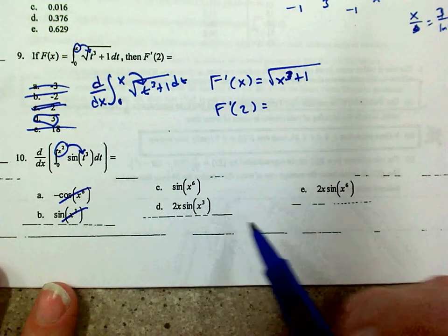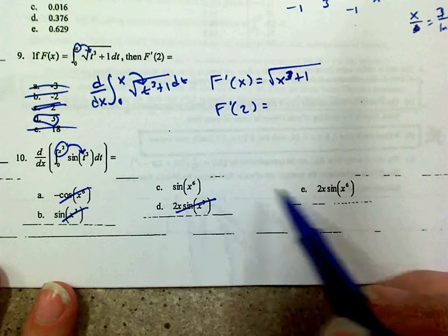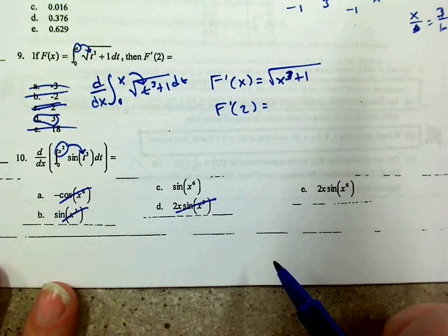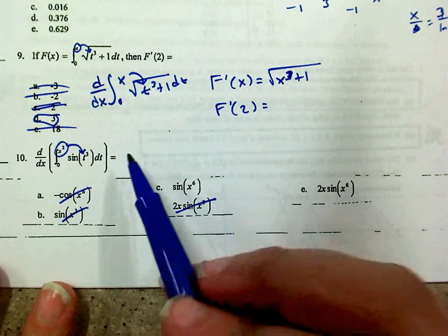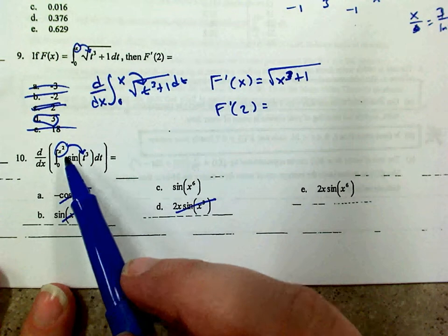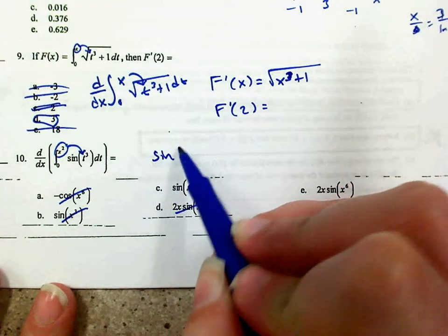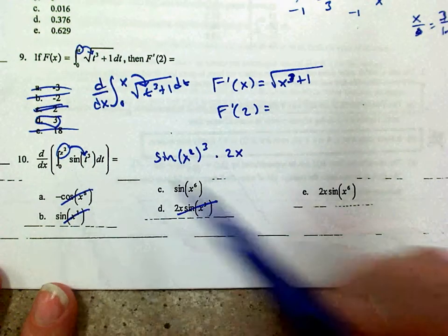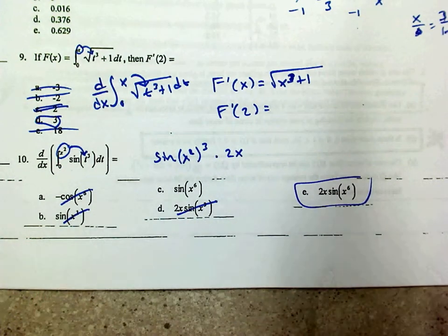Okay, so is it this one or is it C or is it E? Don't forget to multiply by the derivative, right? So it's sine of x squared cubed, but then multiply by the derivative of the inside, which is 2x. Okay.